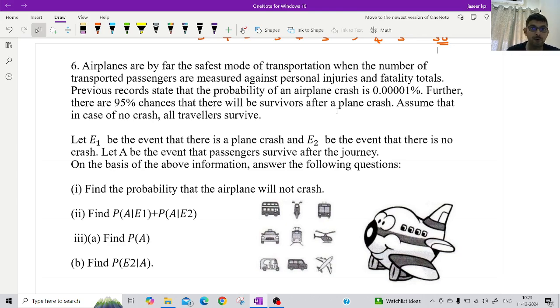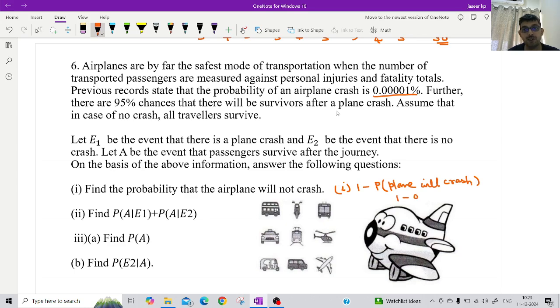So this is also a case-based question. First one, find the probability that airplane will not crash. So that is, it's a very simple thing only, 1 minus probability that plane will crash. So the probability of plane crash is given as 0.00001%.